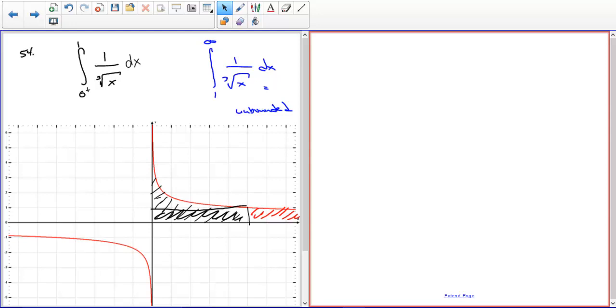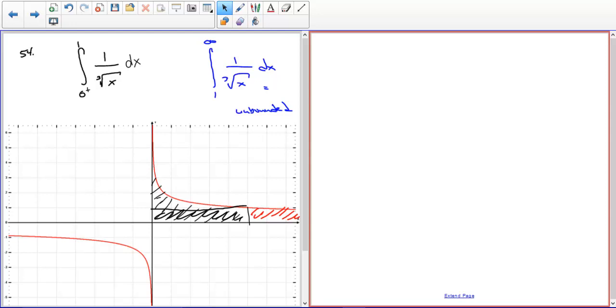Section 8 was dealing with integrals where one of the limits was infinity, or where the function went to infinity. So we're going to look at this case of the cube root of x, where we're going to integrate from 0, where the function goes to infinity, to 1, and then we're going to integrate from 1 to infinity. They're both improper cases.